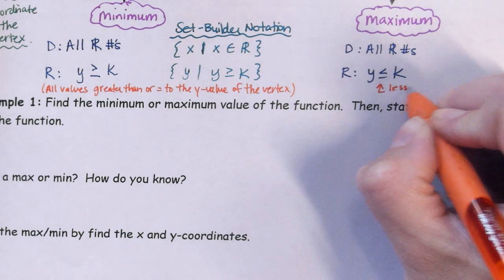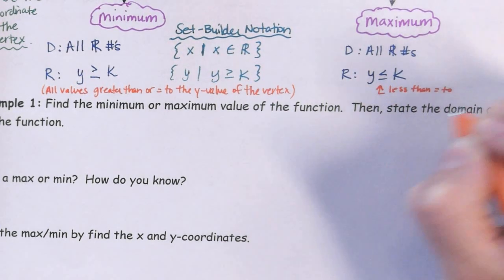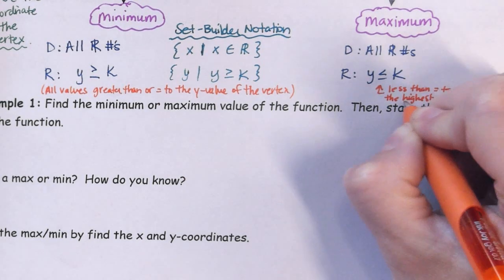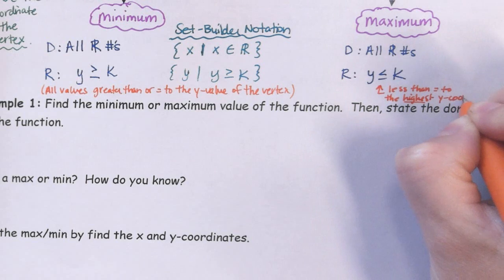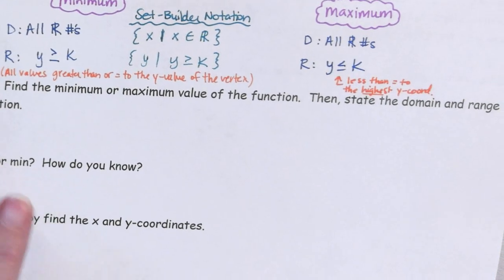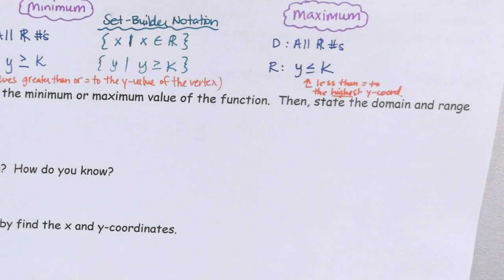Okay, so it's less than or equal to the highest Y coordinate, which is your value of K. So less than or equal to the highest Y coordinate, which is your K. Alright, so let's do that in set builder notation.